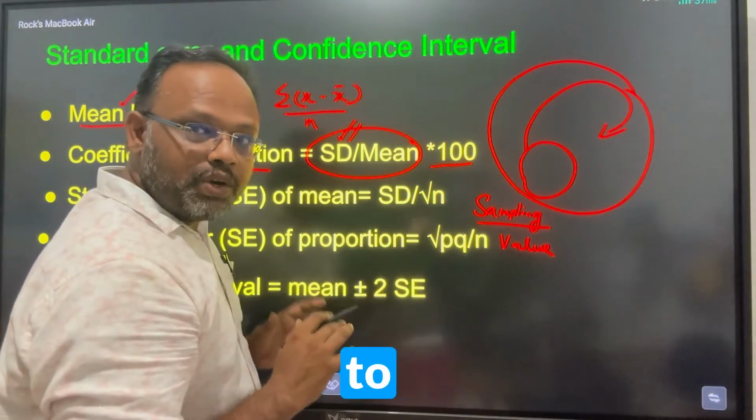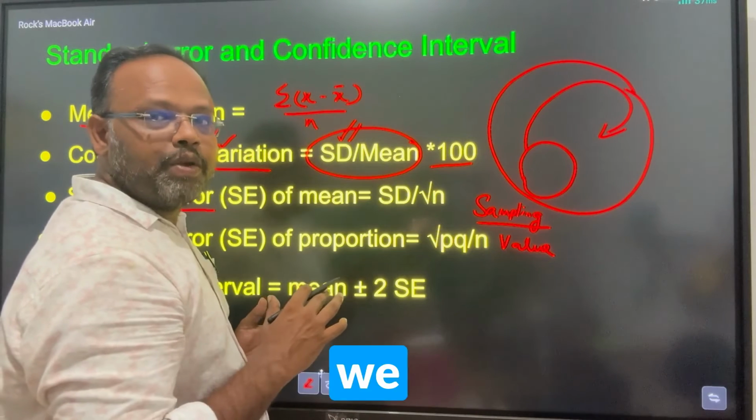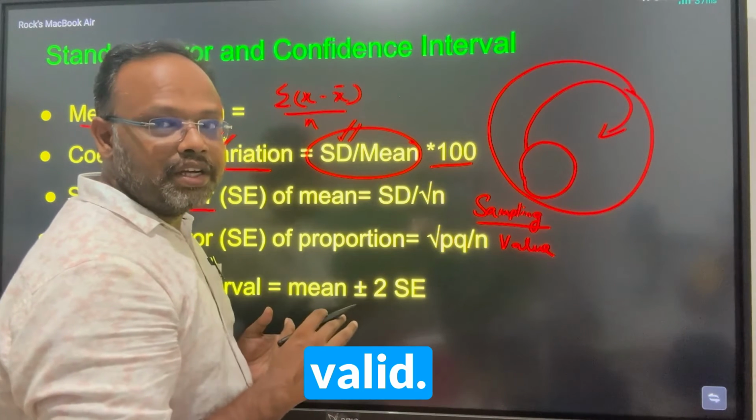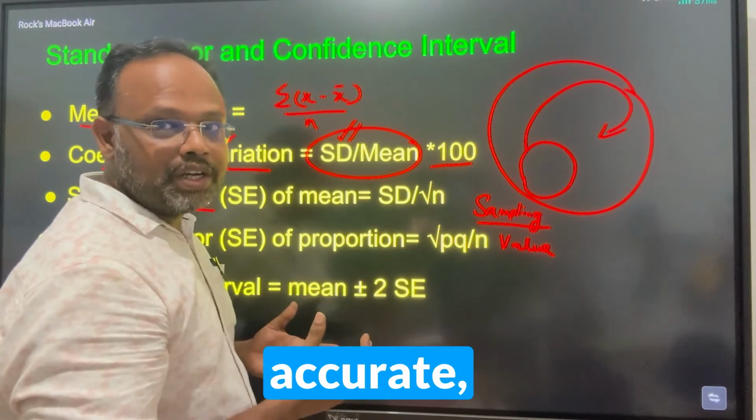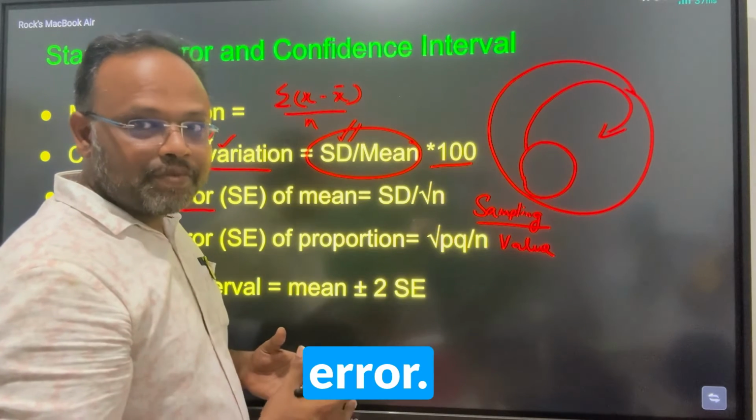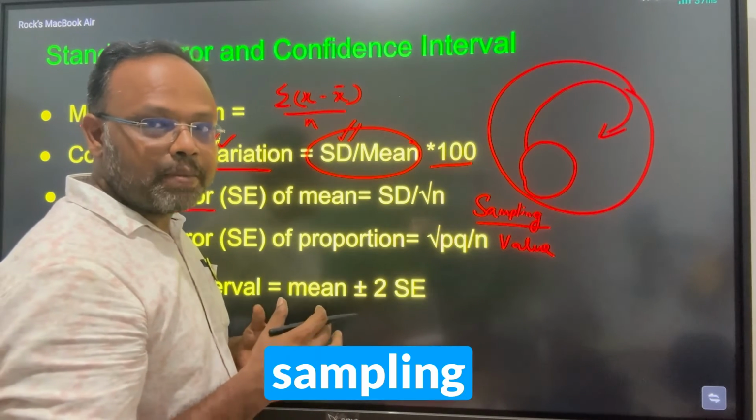So when we try to do this generalization, we may not be 100% valid. That is, we may not be accurate. We may make error. That error is called sampling error.